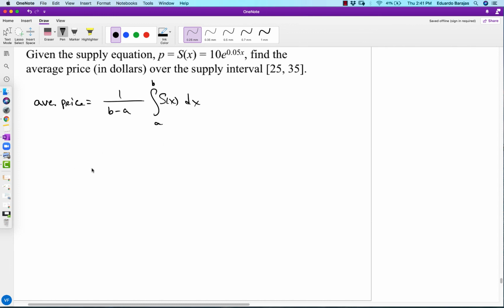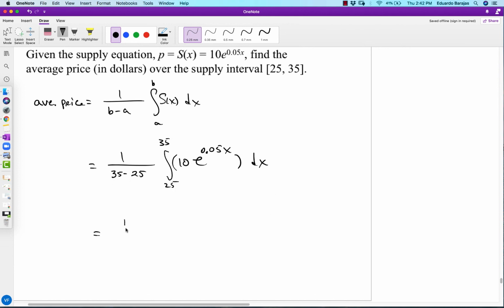So that means that the average price is going to be equal to 1 over 35 minus 25, integral from 25 to 35 on my function 10e to the 0.05x dx.